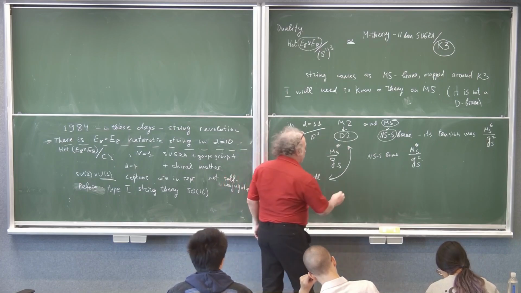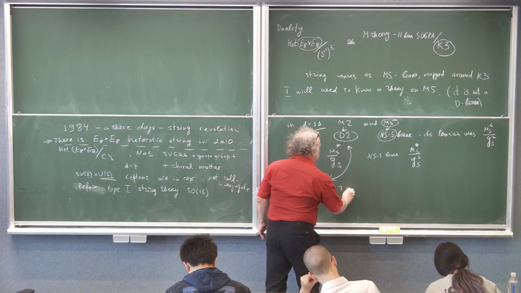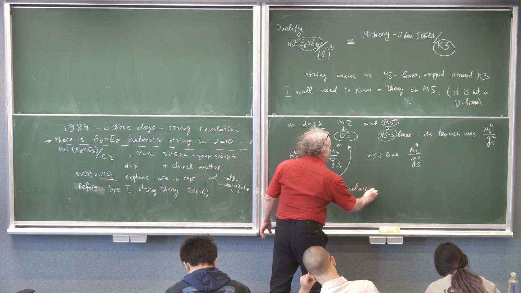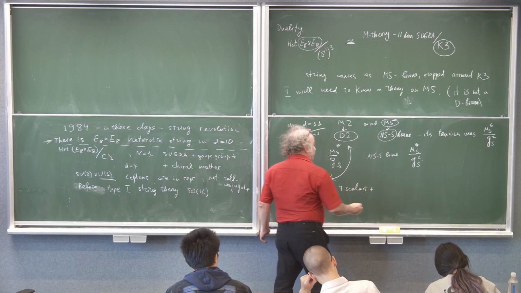And we found that it has 7 scalars plus a gauge field.